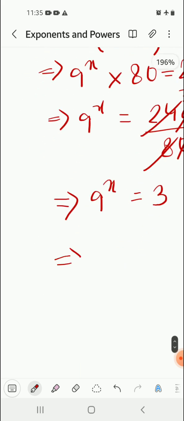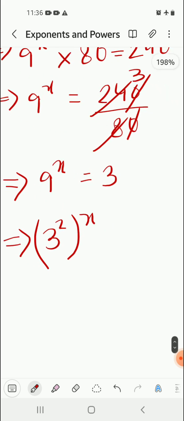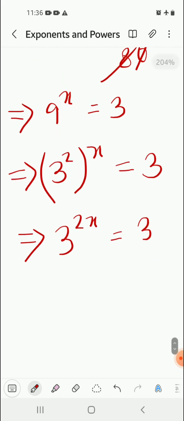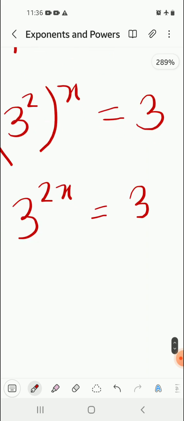We can also write it in this manner: 9 can be written as 3 square, so 3 square to the power x is equal to 3. Therefore we can write 3 to the power 2x is equal to 3. This is possible when the power is 1.